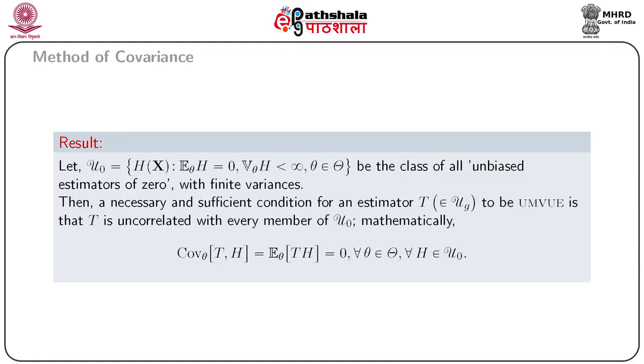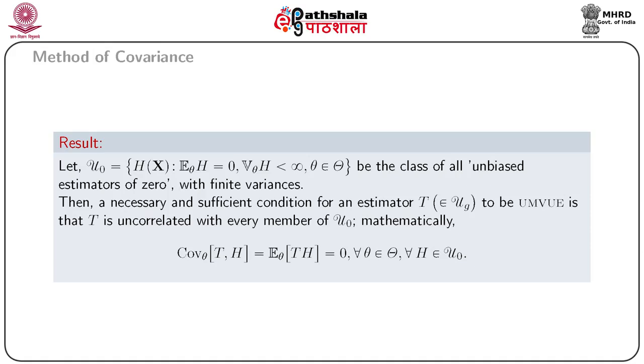Next, we shall discuss a method for determining a UMVUE. This is called the method of covariance. Let U_0 be the class of all unbiased estimators of 0 with finite variances. That is, U_0 equals the set of all h(X) such that expectation of h equals 0 for all theta and variance of h is less than infinity for all theta.